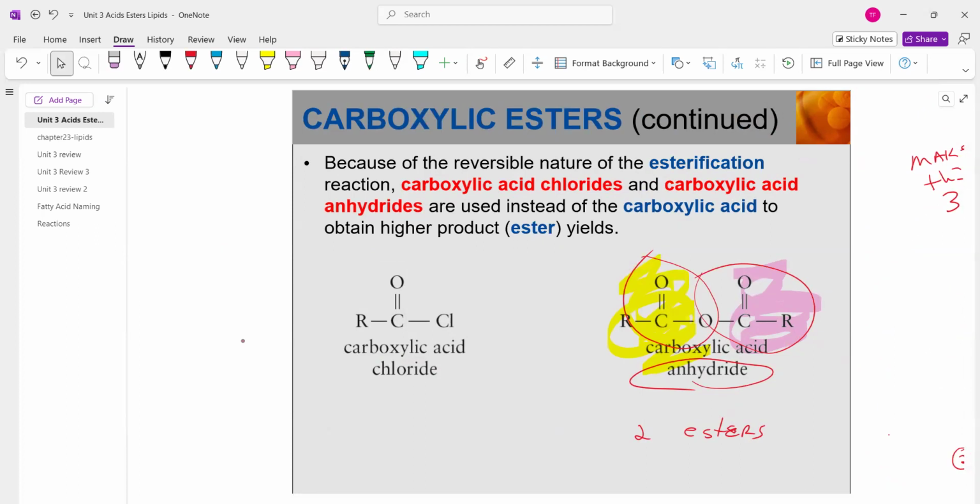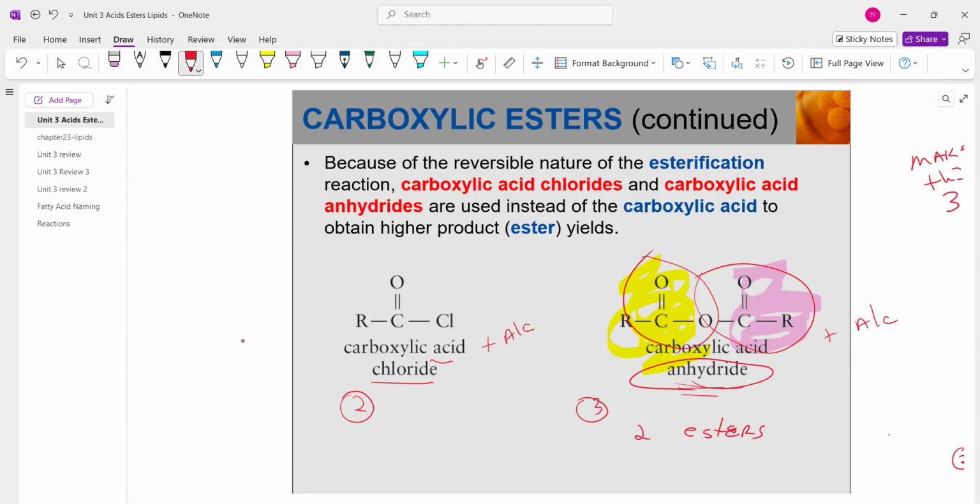Method number two is going to involve the acid chloride plus the alcohol. Method number three is the anhydride plus the alcohol.